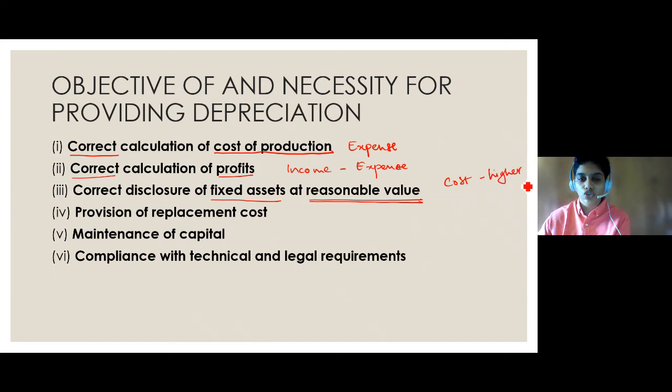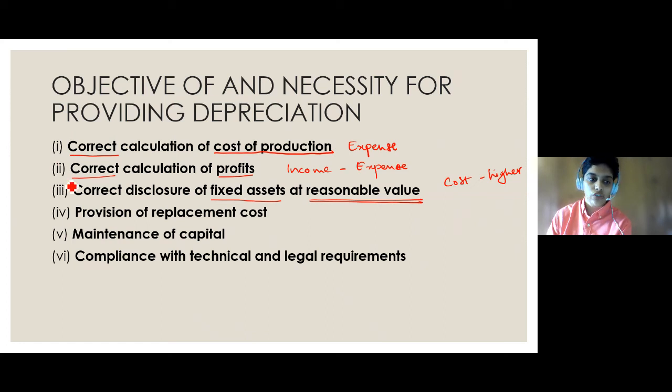So if the value is too high, then the position that we are portraying in our financial statements will be incorrect. When we charge depreciation, we are showing that our assets are being put to use and their value is declining, value is reducing, and hence the figures that are seen in the financial statements are more accurate.